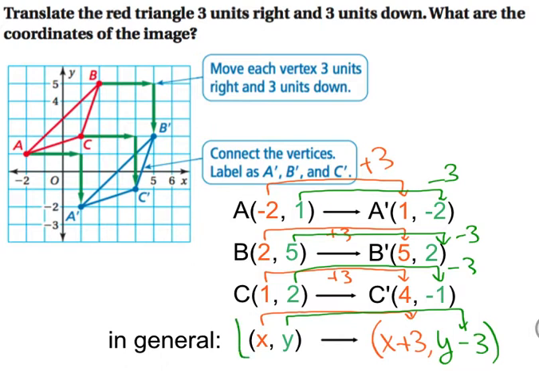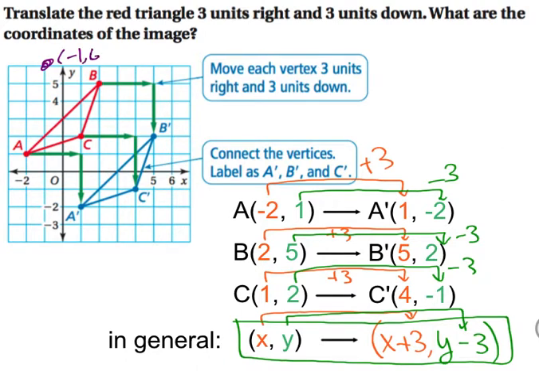This is your first example of a coordinate rule. This rule tells you what happens to every point that gets transformed. Every point will go through that transformation. So we could do it on another point that actually wasn't in the shape. If I pick a point like right here, this is at -1, 6.